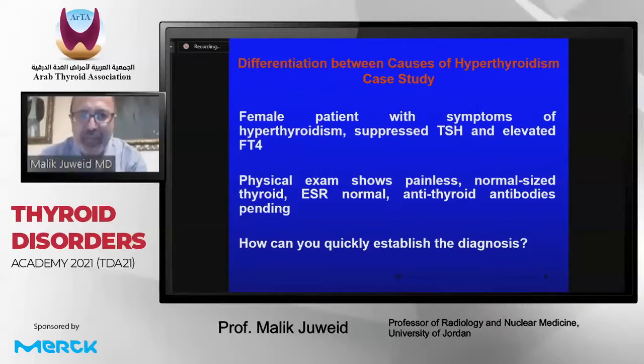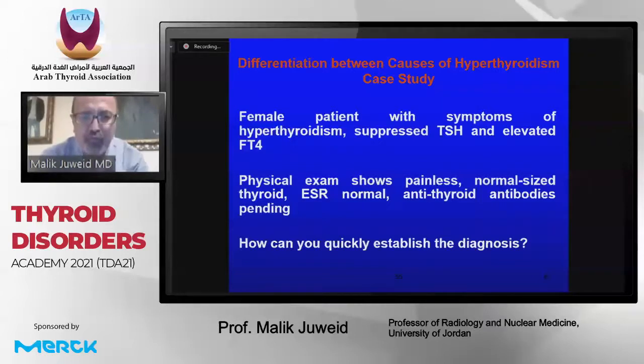A female patient with symptoms of hyperthyroidism, suppressed TSH, elevated FT4, physical exam shows a painless thyroid of normal size or only slightly increased in size. ESR is normal, anti-thyroid antibodies are pending. And that can take at least 1 to 2 days until the autoantibodies are back.